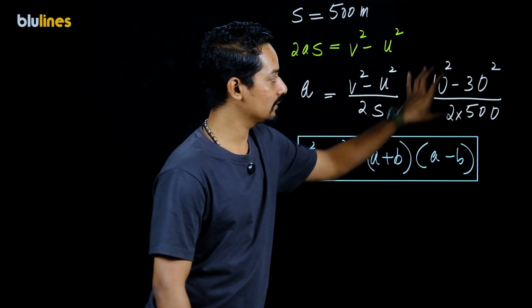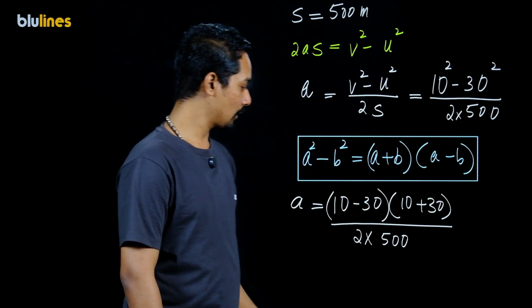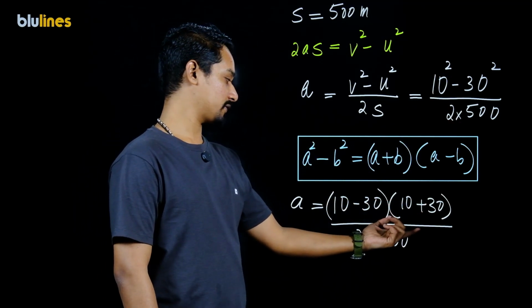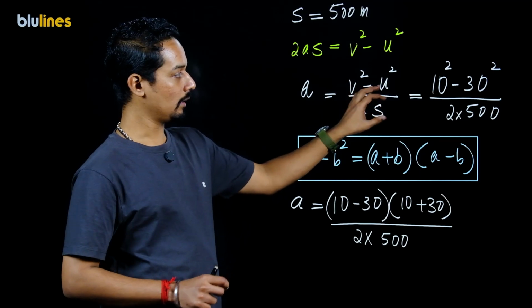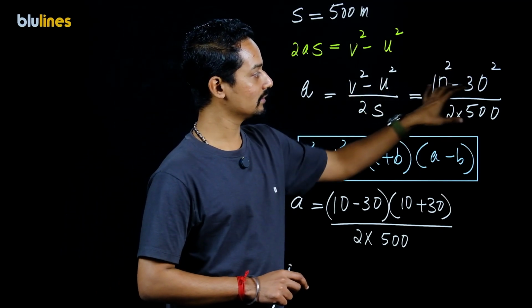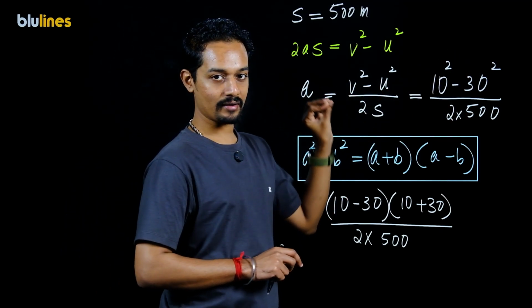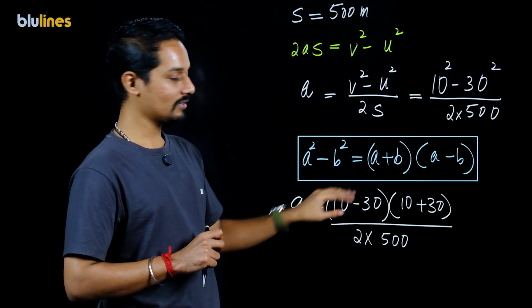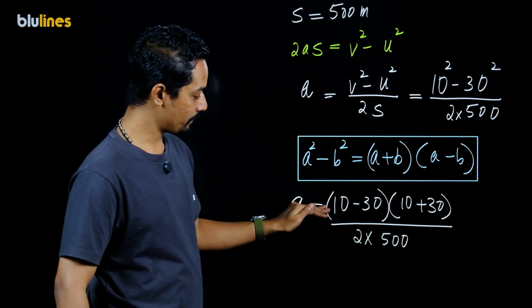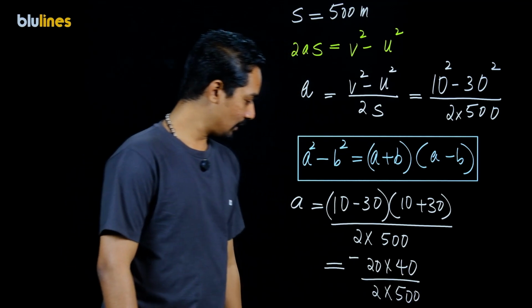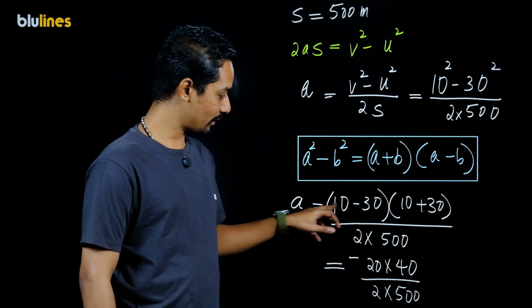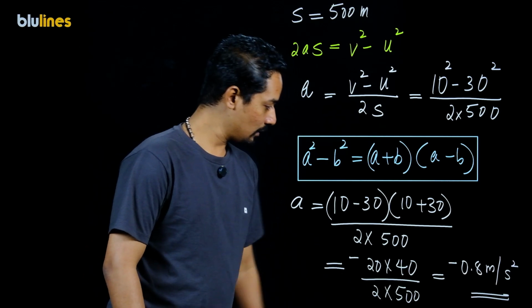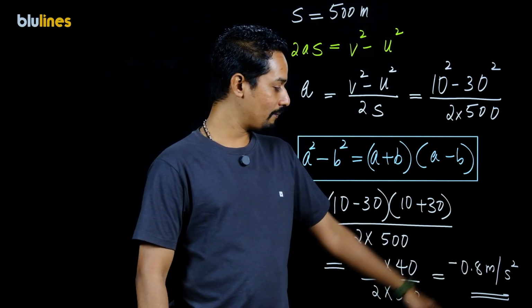So this term can be split into 10 minus 30 into 10 plus 30. If you evaluate it directly, there can be causes of errors. If you use this technique, you can straight away evaluate it, and once you solve it further, we get a negative sign. 10 minus 30 is negative, and finally we get minus 0.8 meter per second square.